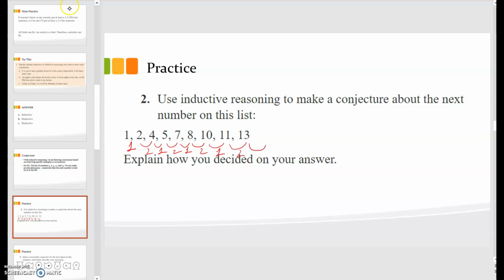So if we were to continue, we'll need to go up by 1, which will put us at 14, and then up by 2, which is 16. I can do math. All right, so we should get 14 and 16. Just making sure I did not mess up my thinking.